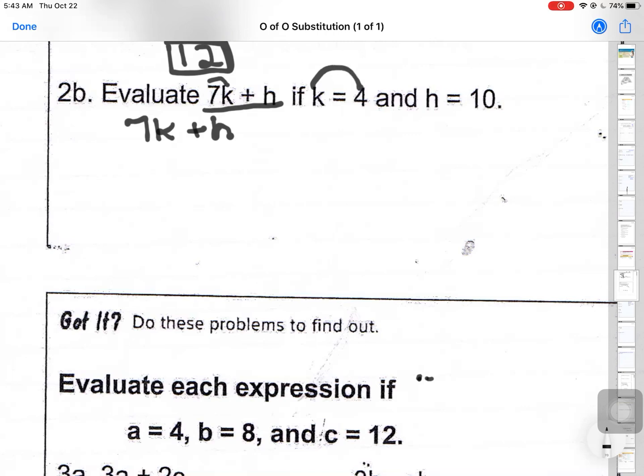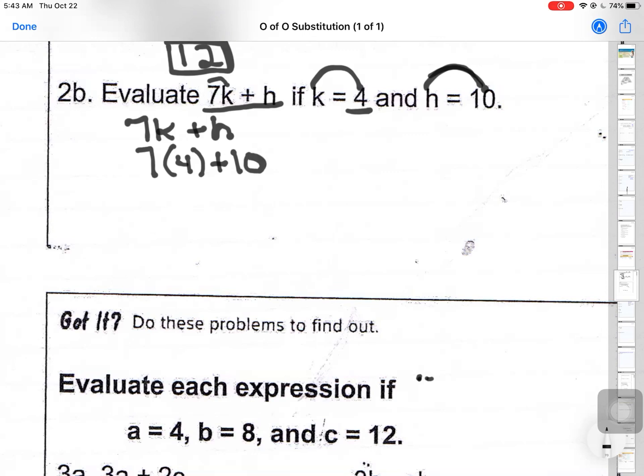Now, if k equals 4 and h equals 10, so I have 7 times 4. And you can use the parentheses or you can use the multiplication sign. That's up to you. Plus my h is 10.